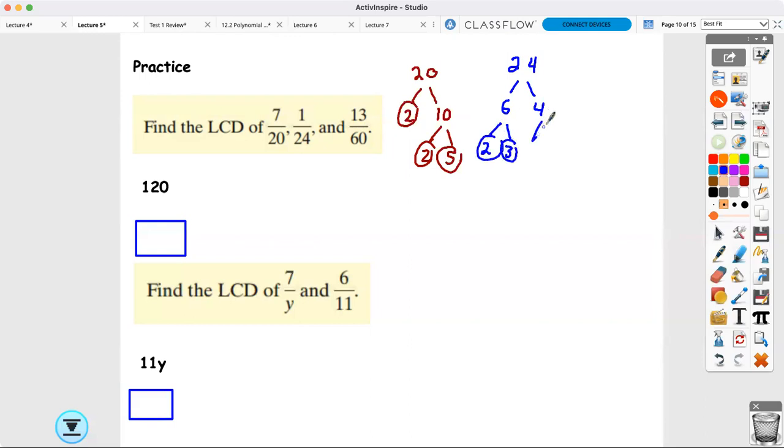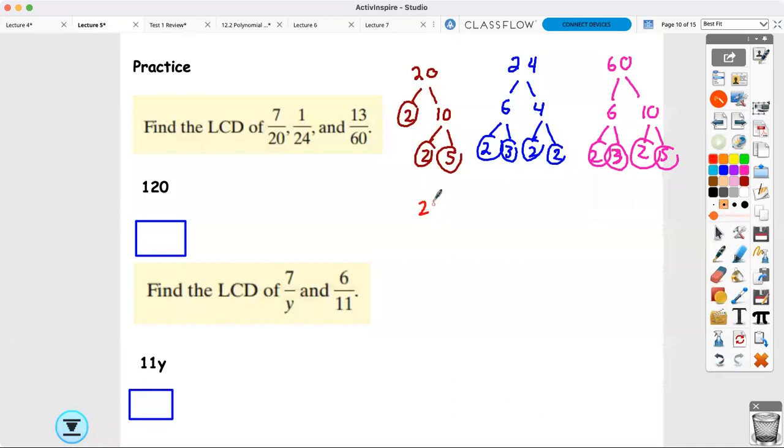And then we know 4 is just what? 2 and 2. Correct. Now we got the big one, 60. What factors give me 60? I think we did this one, right? 6 and 10, and then 2 and 3, and then 2 and 5. So now we write them all out.